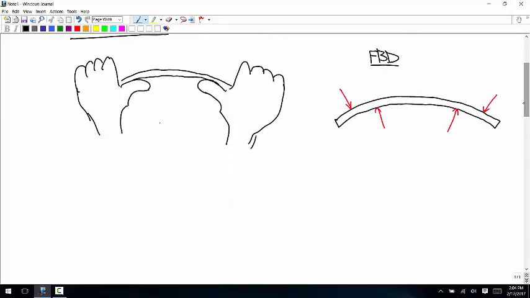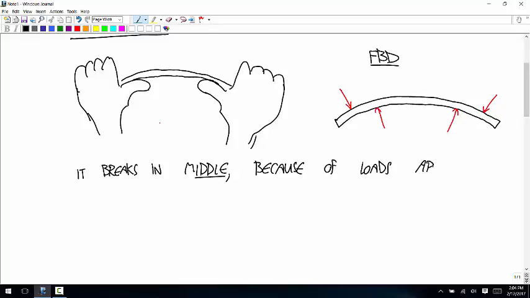And so it breaks in the middle, because of the loads applied to points inside the stick, let's say interior points, by nearby interior points.